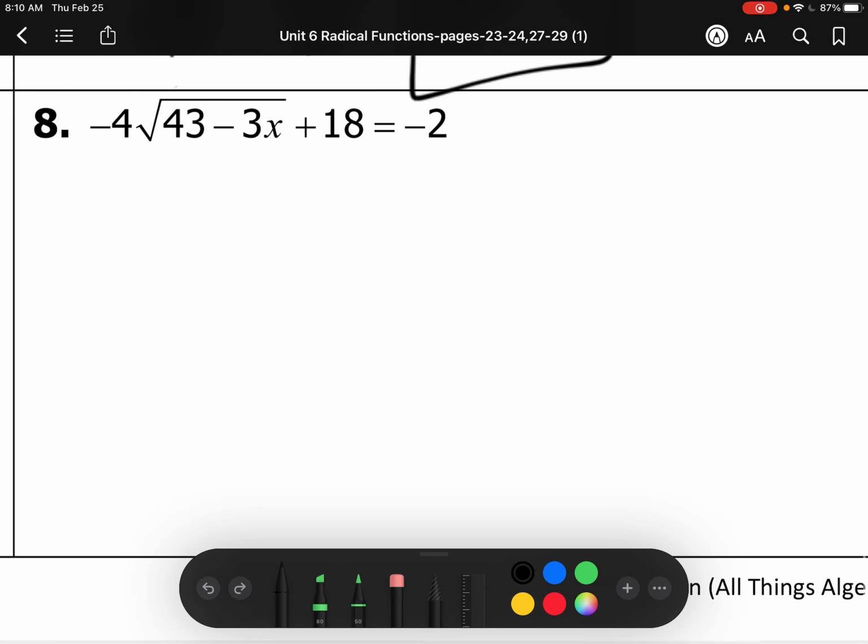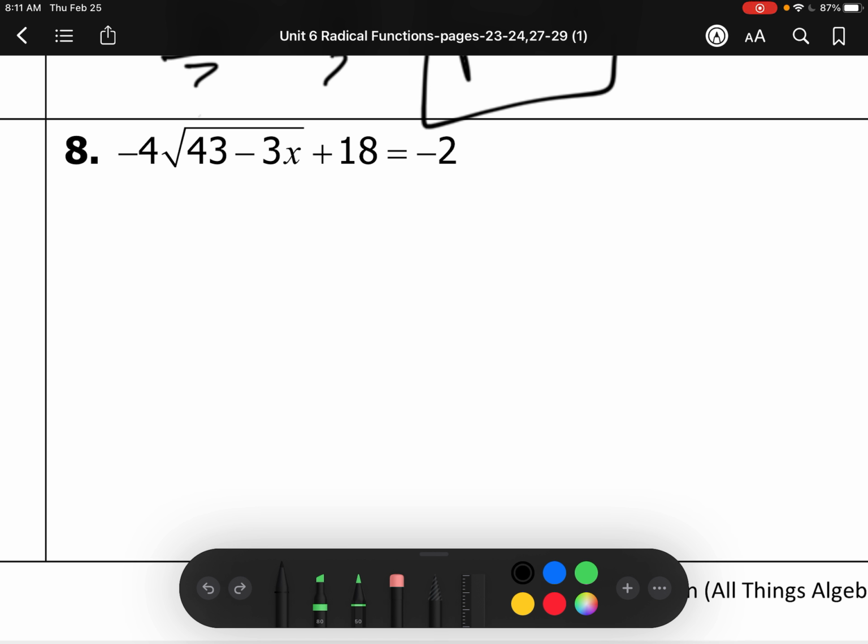All right, number 8. So we have negative 4 times the square root of 43 minus 3x, plus 18, is equal to negative 2. All right, so first step, I get the radical on its own, isolate. So I'm going to subtract 18 from both sides.